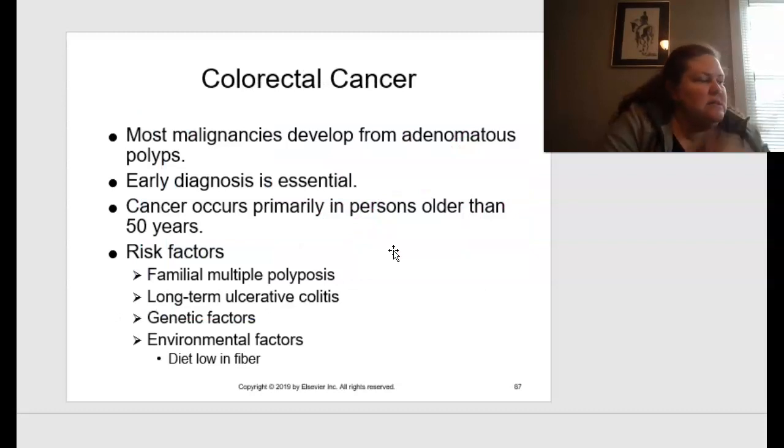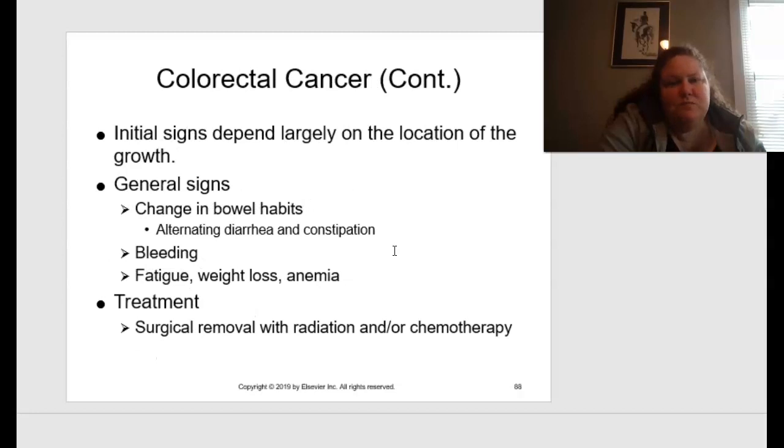Colorectal cancer starts to be discussed on page 476. Most malignancies develop from adenomatous polyps, and the early diagnosis of this is essential. The cancer occurs primarily in persons that are older than 50 years of age. Risk factors include familial multiple polyposis, long-term ulcerative colitis, genetic factors, as well as environmental factors such as a diet low in fiber.